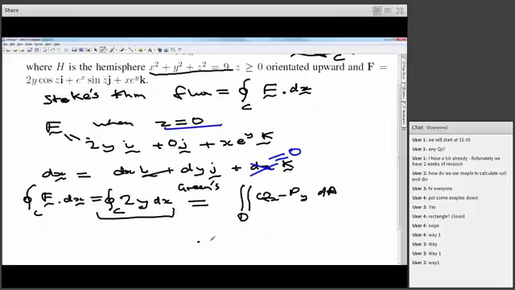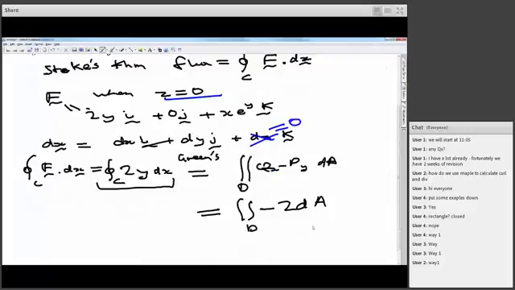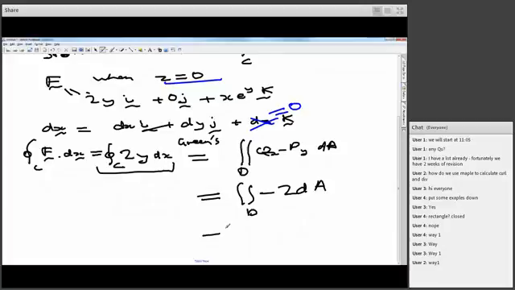So stop me if I don't understand anything, of course. So Qx is nothing, Py is 2, so you're getting minus 2 dA. And like my normal trick, because this is just a constant dA, then I can say that's minus 2 times the area.